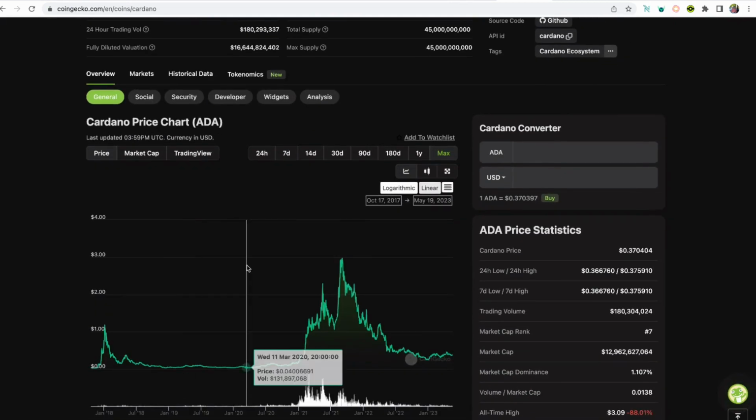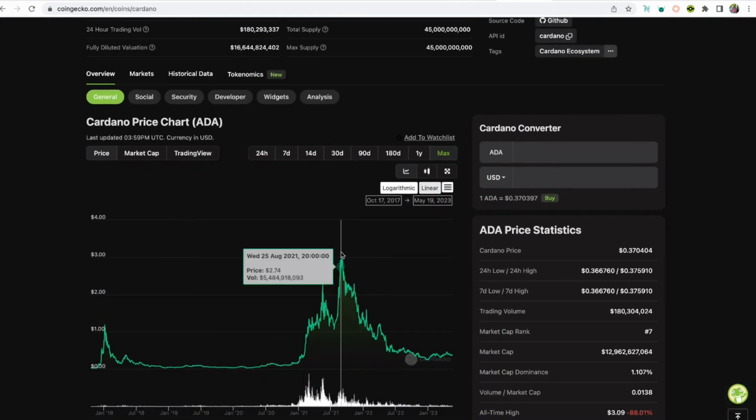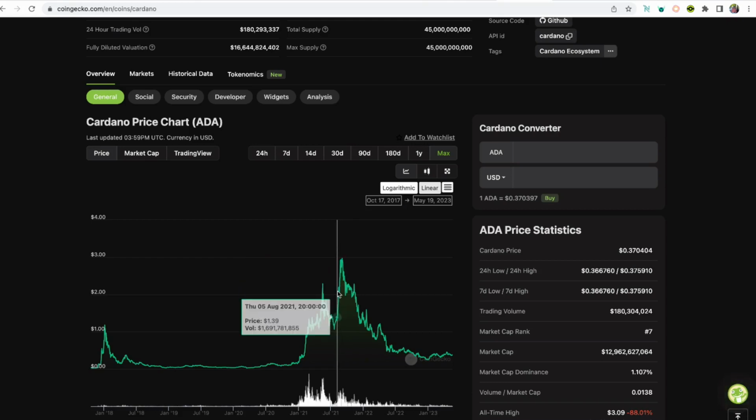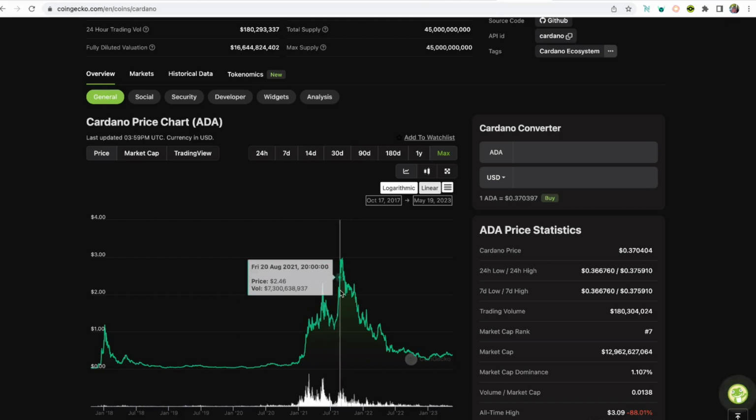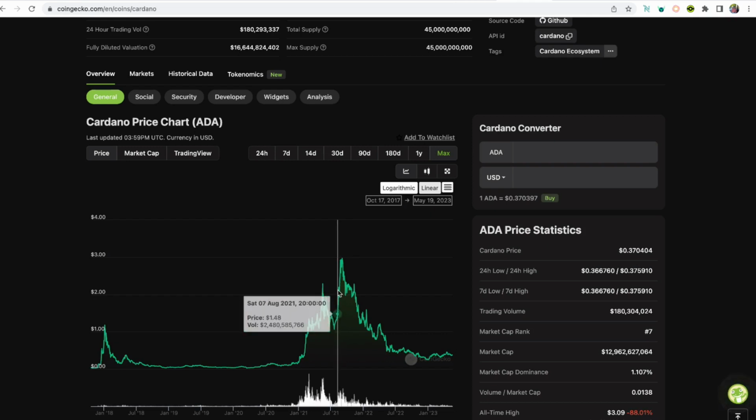And this kind of freaks people out. It scares people, especially the people who buy at these higher price ranges, like from $1.50 to $2. And unfortunately, this is when most people buy. Why? Because the news is tremendous and everybody is telling you to buy, and you're buying at the worst time.